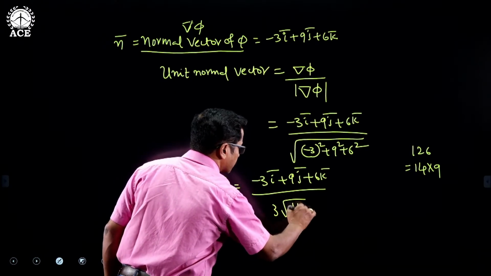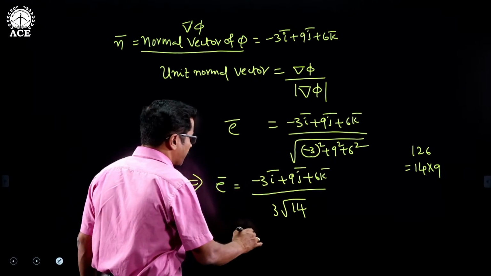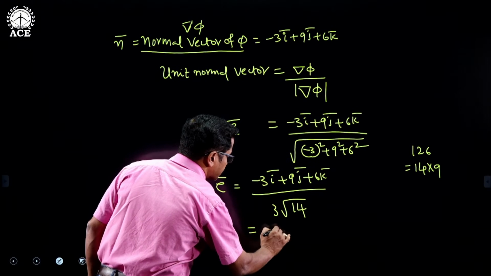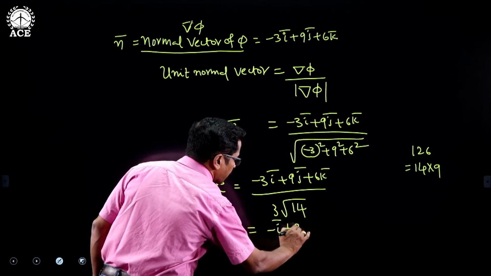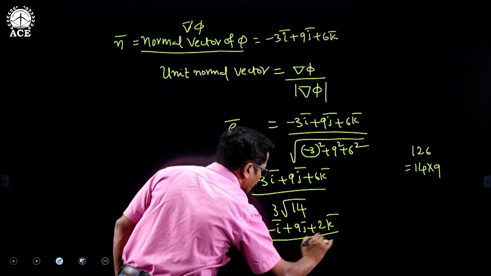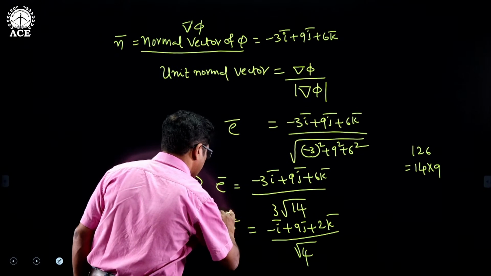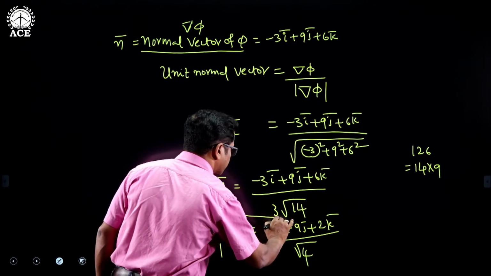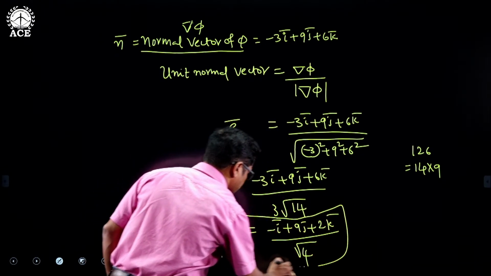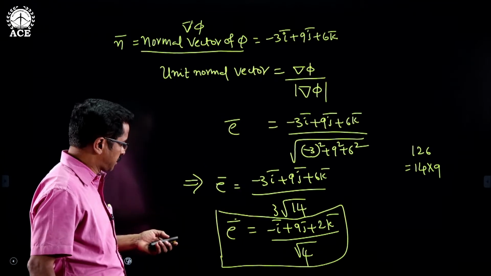When I take 3 common from the numerator, it becomes minus i bar plus 9j bar plus 2k bar by root 14. This is E bar. This is the unit normal vector for the given surface, right?